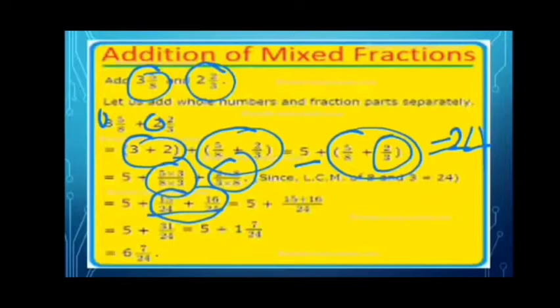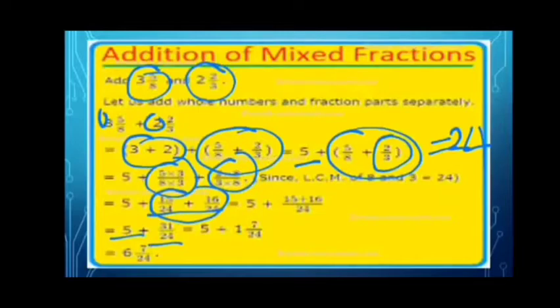So the essence is to make them have a common denominator so that you can easily add the numerators. So we have 5 plus 31 over 24.